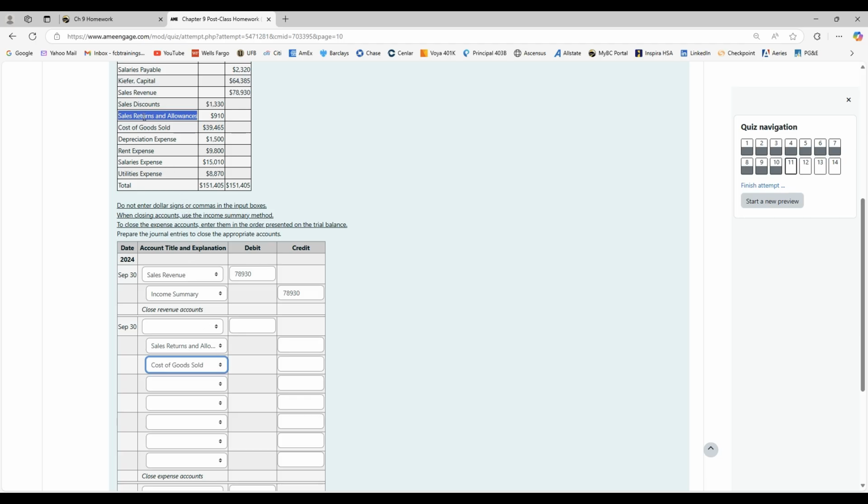So sales discounts first, sales returns and allowances, cost of goods sold, depreciation expense, rent expense, salaries expense, and utilities expense. And expenses are always debits in general. So now we're going to credit them to close them. So I'm just going through and typing these in here.